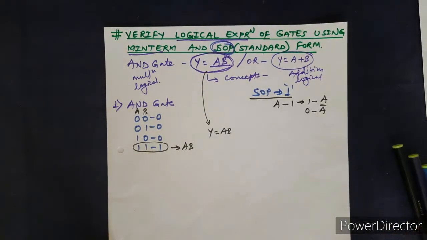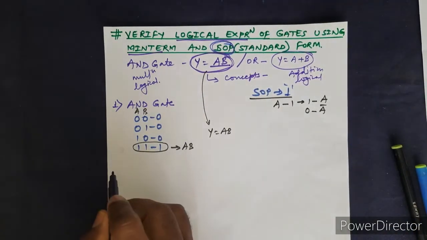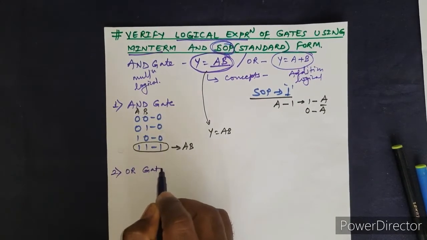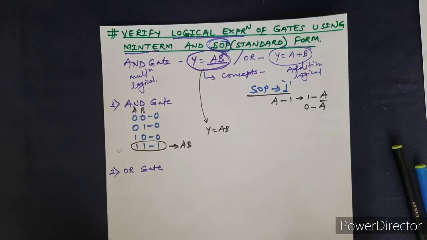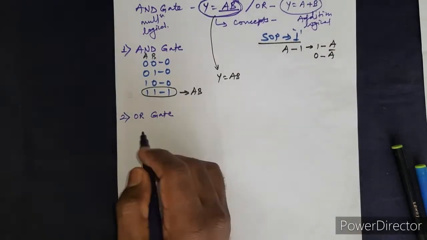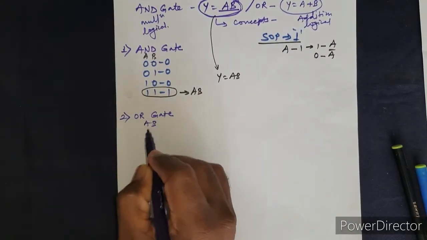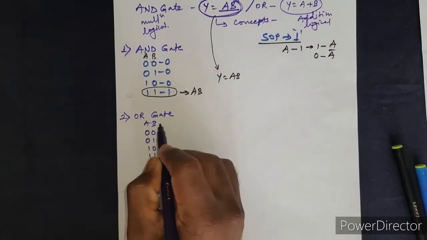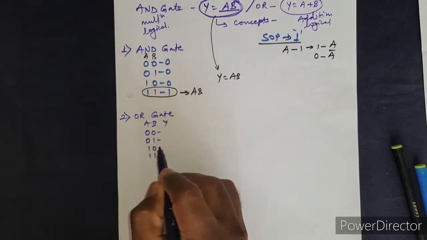So y equal to AB, and that is what we have seen. Now again if we go for the OR gate, AB is 00, 01, 10, 11, and this is y.